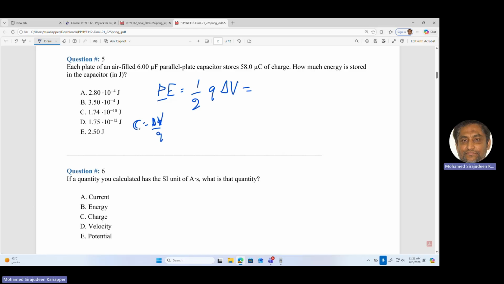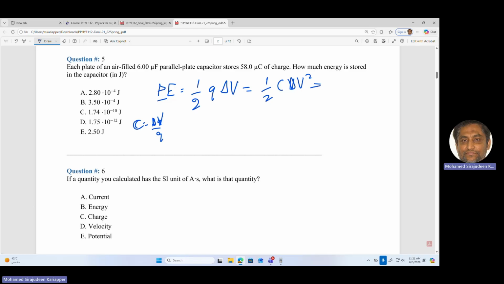So this is the capacitance. In terms of capacitance, if you substitute Q is equal to C delta V, you will get 1 over 2 C V squared.